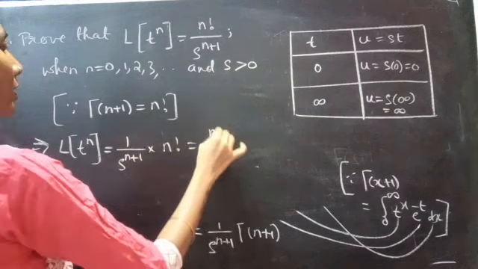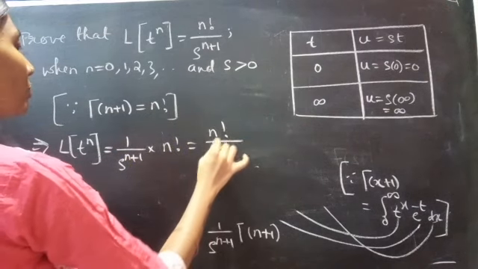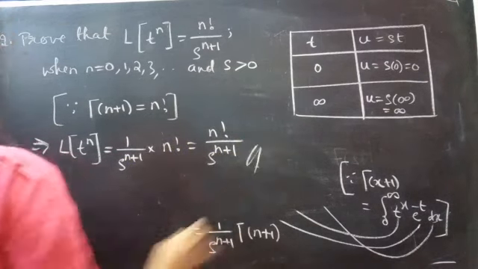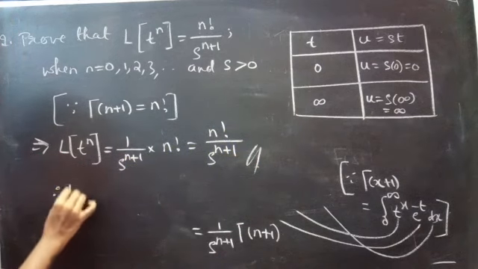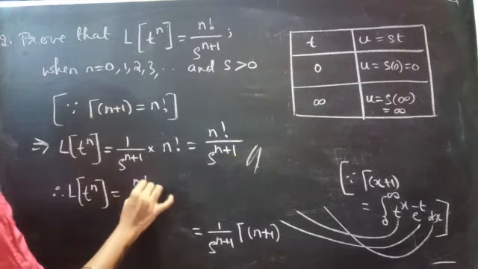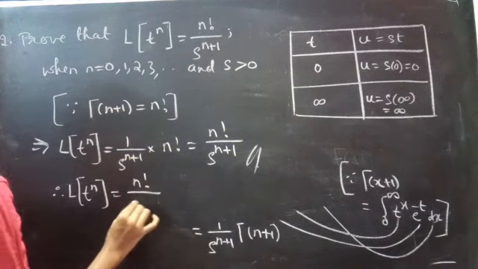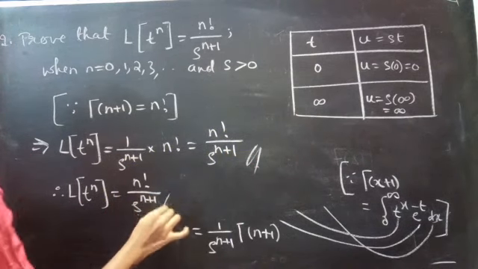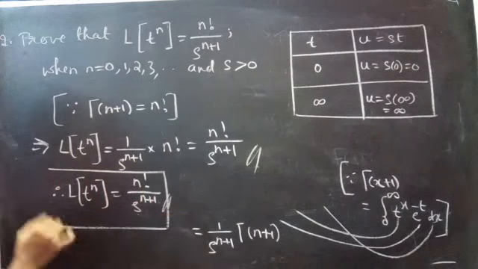So this can be written as n factorial by s power n plus 1. So therefore L of t power n equals n factorial by s power n plus 1. So this completes the proof.